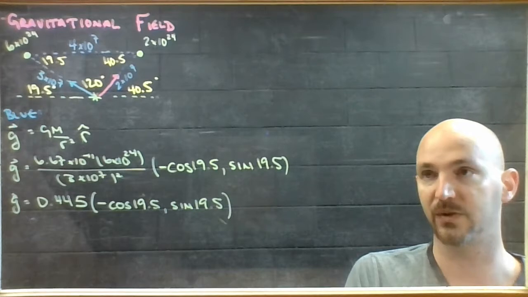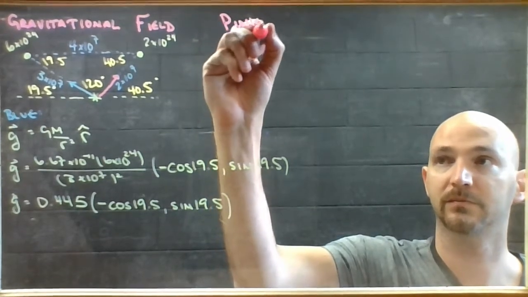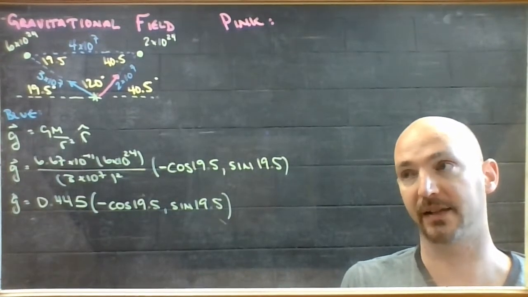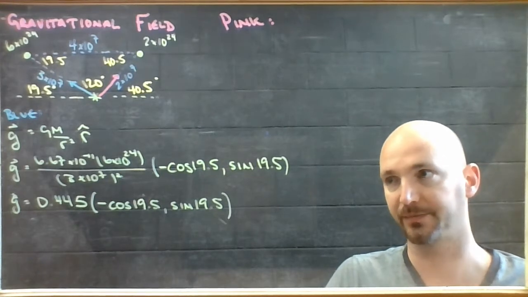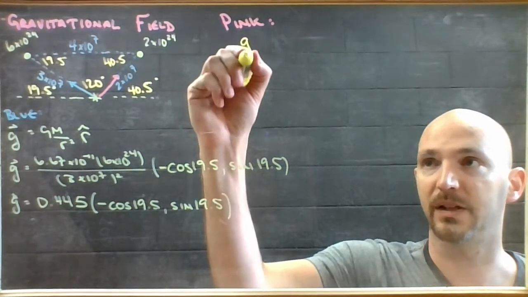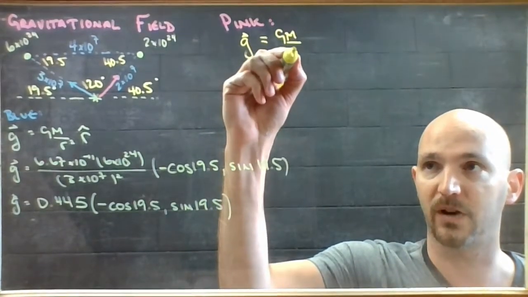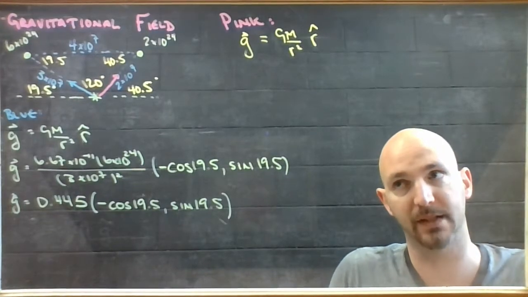I'm going to need to do the same thing for the pink one. Why don't you just do the marker in pink and blue, they ask. Well, because they're kind of hard to read, so I'll stick to green and yellow. For the pink one, if I want the gravitational field, I need g m over r squared, and then r hat, the direction I'm pointed in.